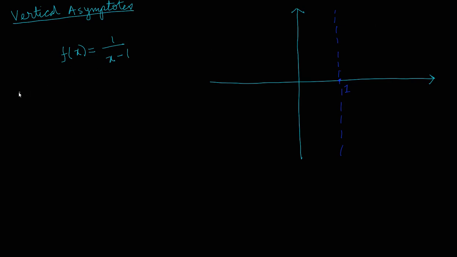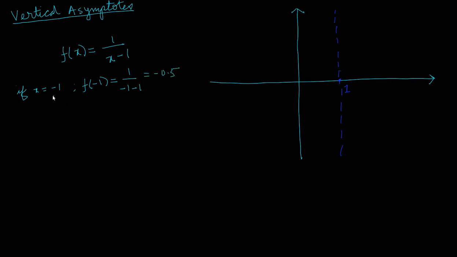So if x equals negative 1, what is my function of negative 1? Function of negative 1 is 1 over negative 1 minus 1, which is negative 0.5.